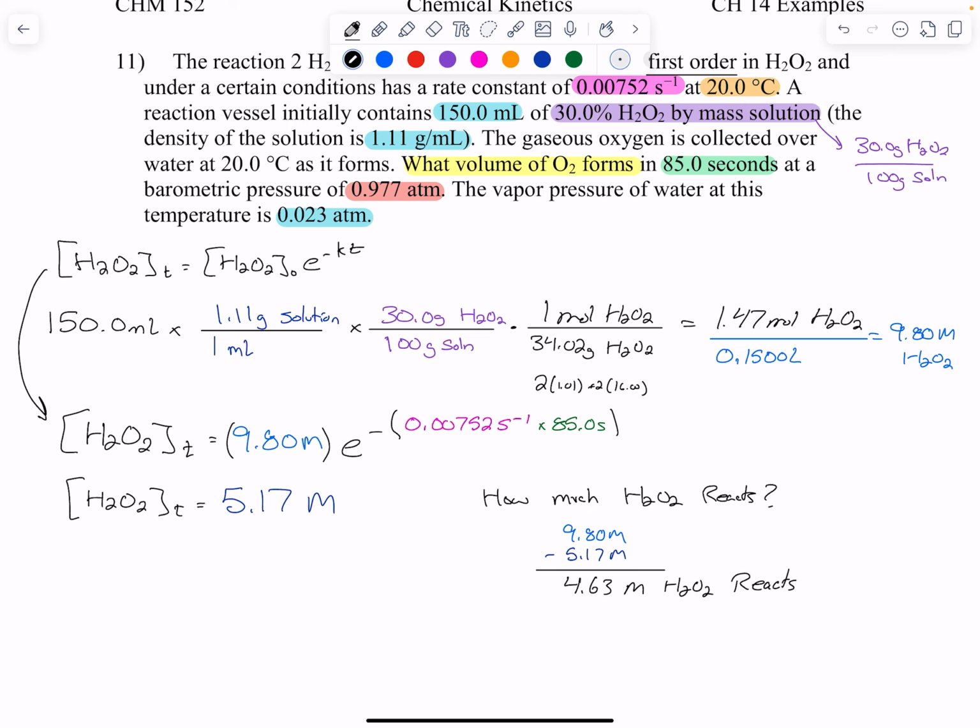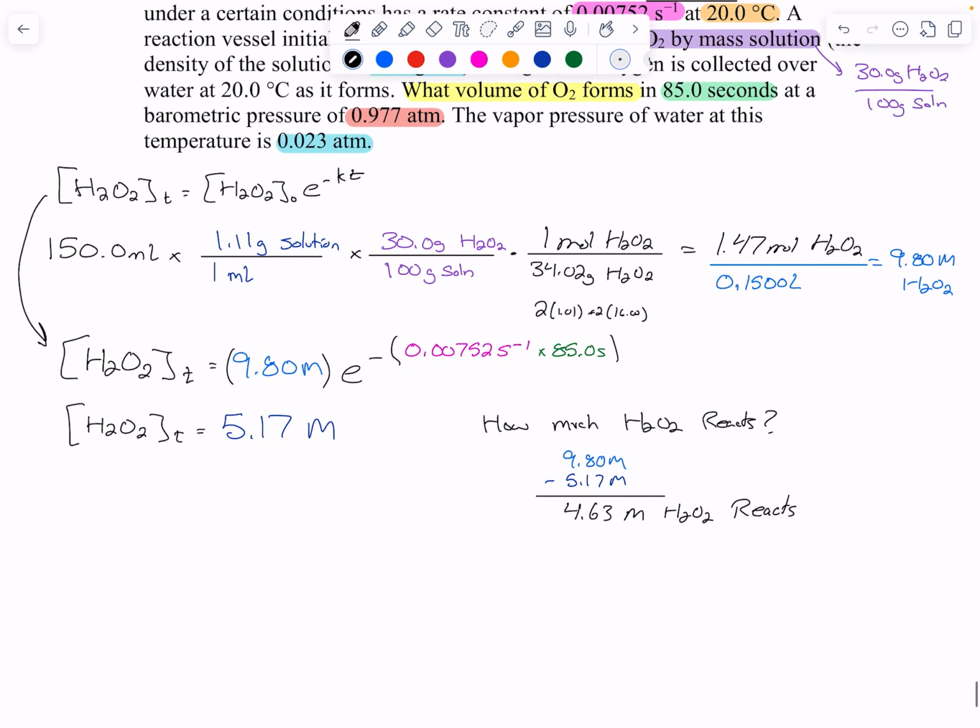Now, if we have our 0.150 liters, and we know that in 1 liter there are 4.63 moles of H2O2, that means we have 0.695 moles.